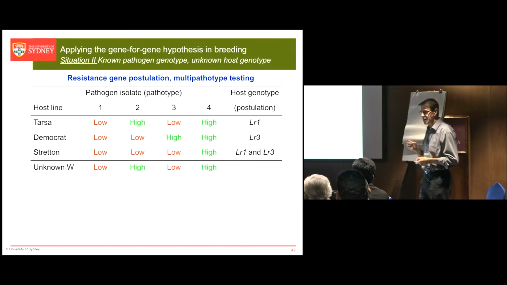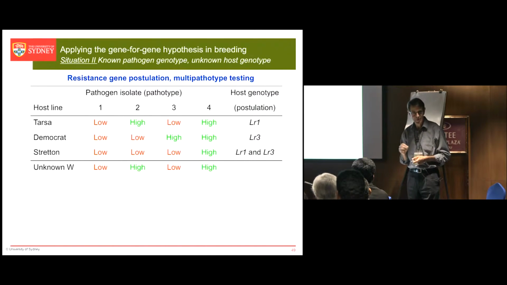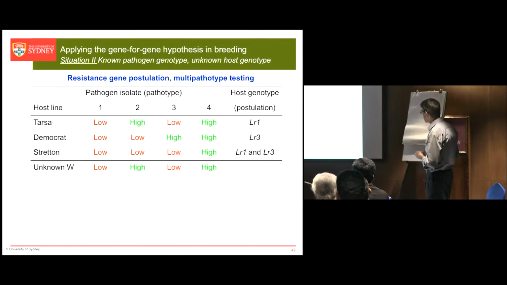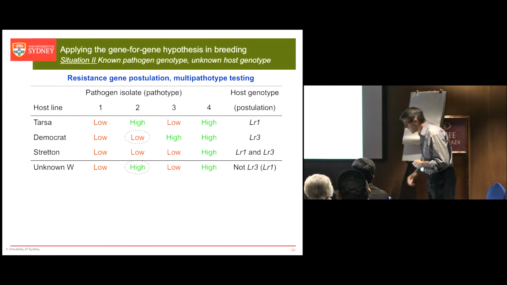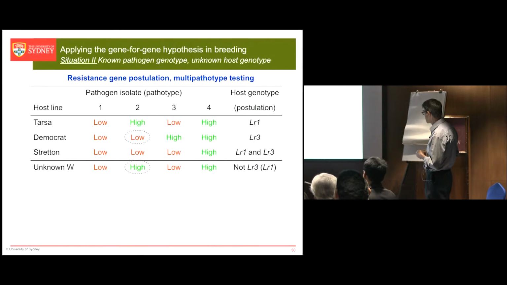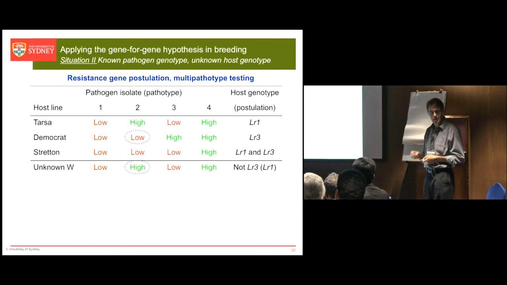Now that's not really how we use the gene-for-gene hypothesis though, okay? It's not the pattern of response. The crucial thing here is this piece of data here, okay? So this pathotype here we know must carry the avirulence gene for LR3 because we have a low infection type here, right? So pathotype 2 must carry the avirulence gene that corresponds with LR3.